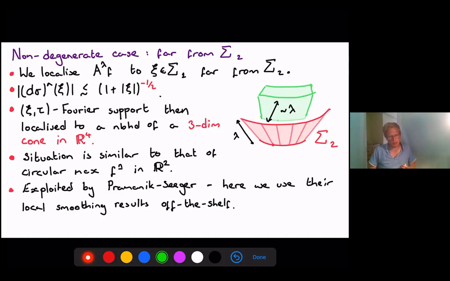This was exploited in the work of Pramanik and Seeger, which was an early example of an application of decoupling inequalities, where they very cleverly used all the two-dimensional theory, but lifted up to a higher dimension using lots of nice scalings and so on to get their result for the range p bigger than 4. Okay, and we use off the shelf these estimates of Pramanik and Seeger to deal with this part of the operator.